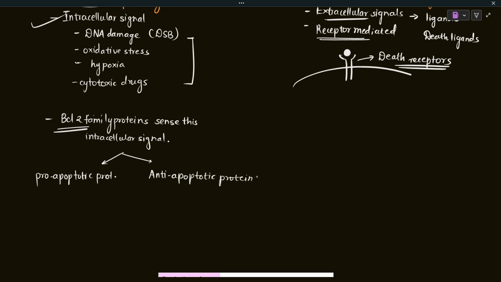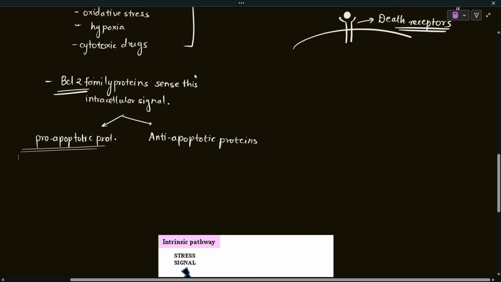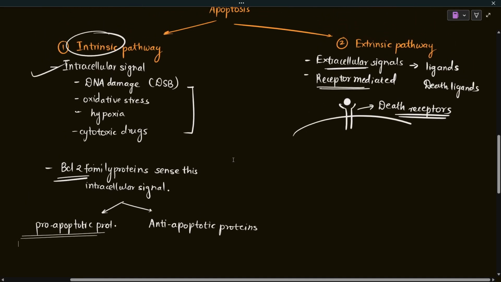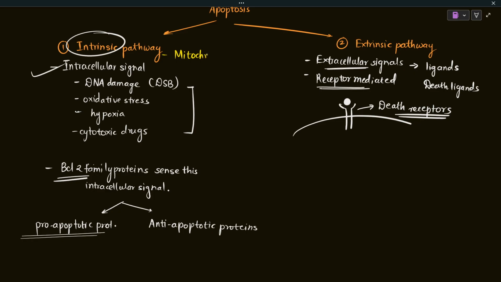As the name suggests, the pro-apoptotic proteins, they are promoting the apoptosis. So they are the ones which are going to promote the apoptosis by the release of cytochrome C. So this intrinsic pathway, this is mitochondria mediated. Okay, how we will see that in short while. This is mitochondria mediated pathway, while this is a receptor mediated pathway. Extrinsic pathway is receptor mediated.